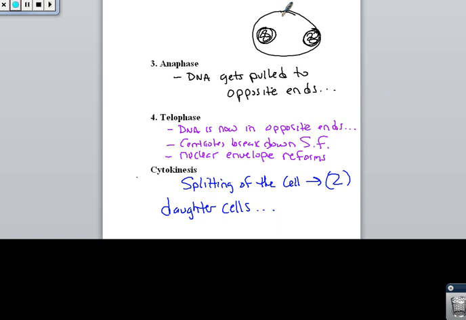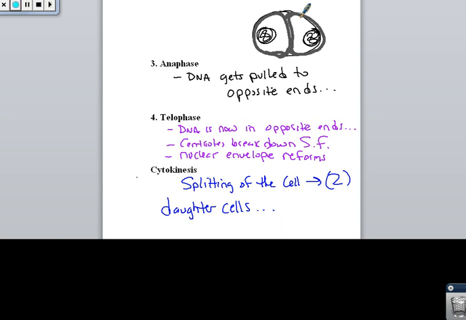It starts looking like this, a bend in the cell, and it splits right down the middle. You have one cell here and another cell there, so you have two new cells. Then the next process is interphase and cell growth.